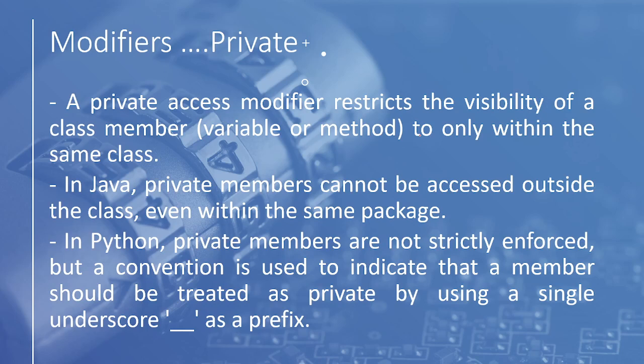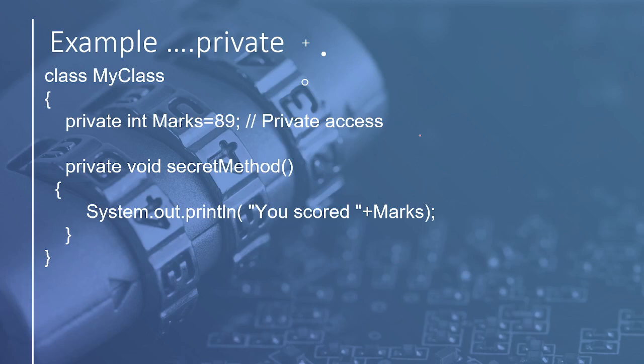But in Python, private members are not strictly enforced, but a convention is used to indicate that a member should be treated as private by using an underscore. It is not single, it is a double underscore as a prefix. Private and protected are different, and in this case we'll be using a double underscore.